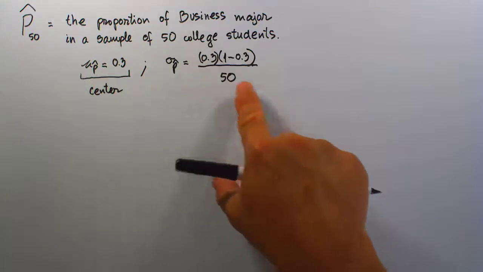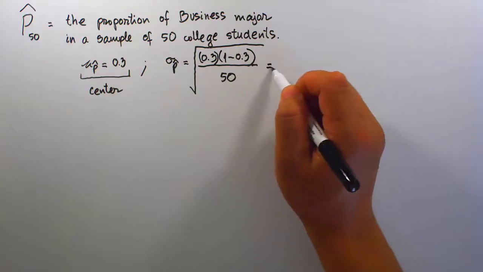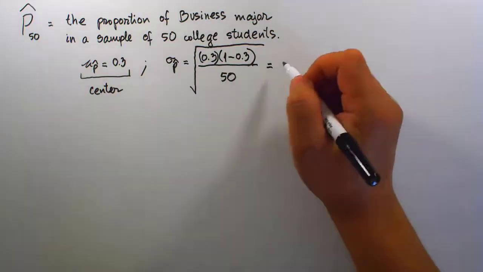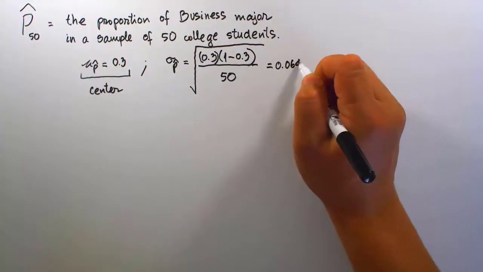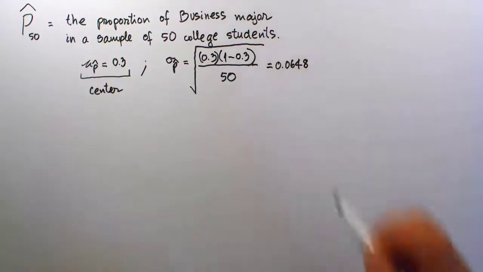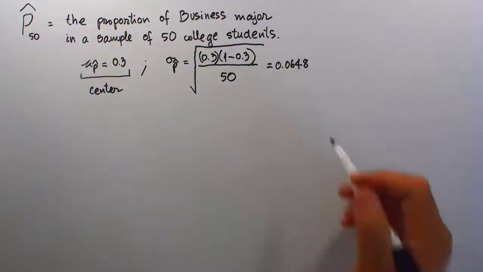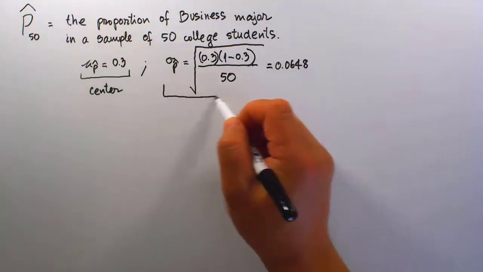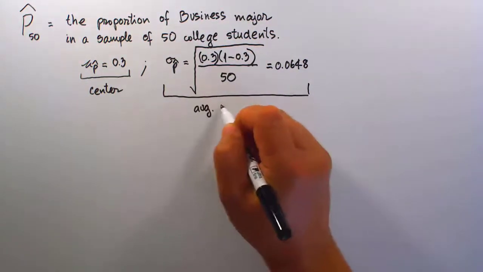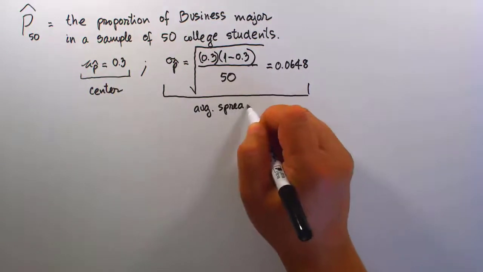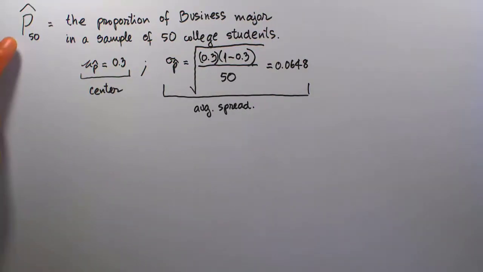After this calculation, we take a final square root. The calculation comes out in 4 decimal places to be 0.0648. And this is once again playing the role of the average spreading of our sampling distribution of the proportion, capital P hat, 50.